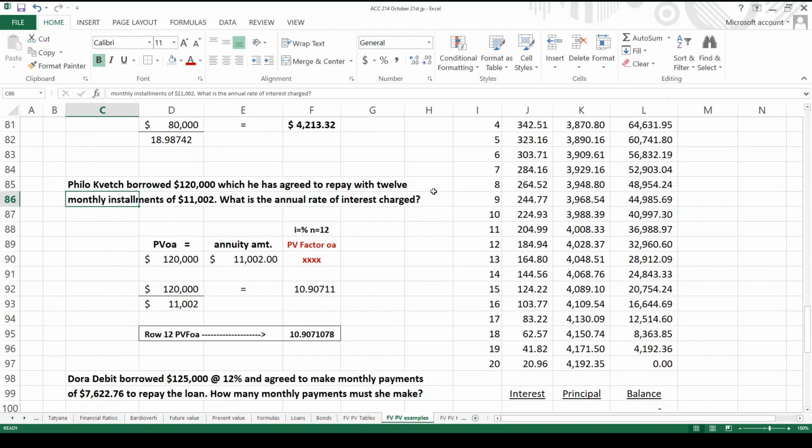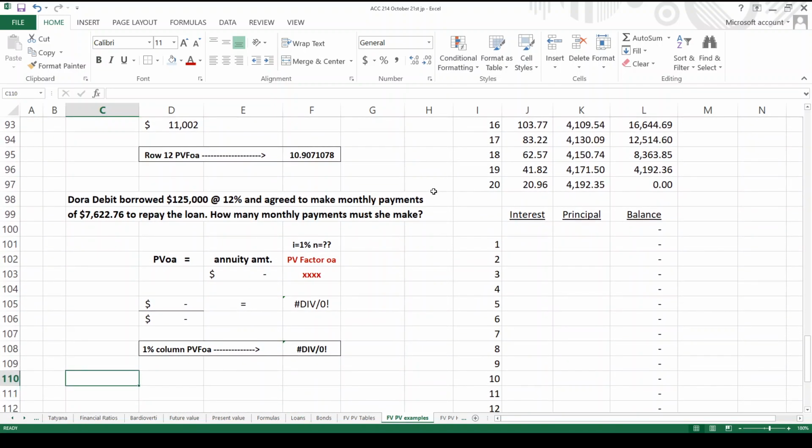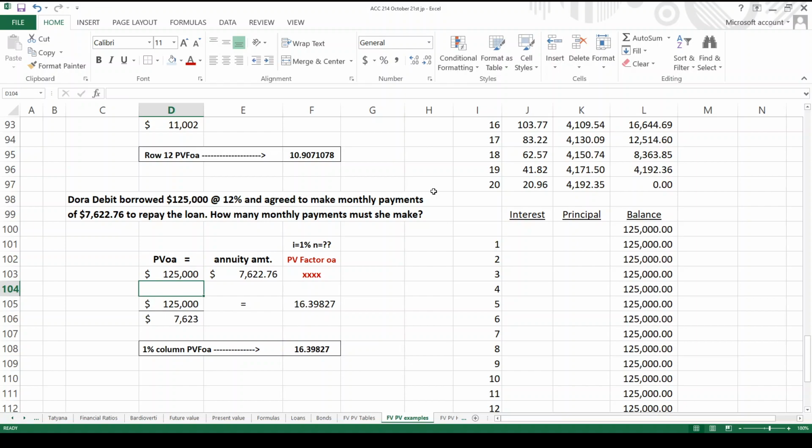Okay, what's next? Oh, Dora Debit. Dora Debit, what did she do? She borrowed $125K at 12%, agreed to make monthly payments of $7622.76. Once again, the loan is the PVFOA. The annuity amount is $7622.